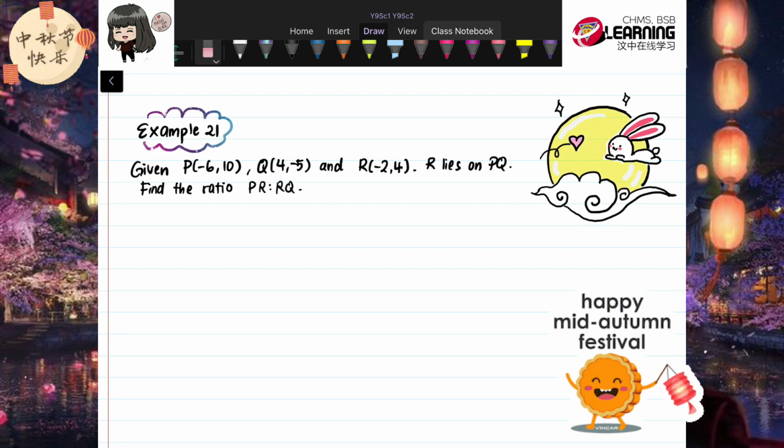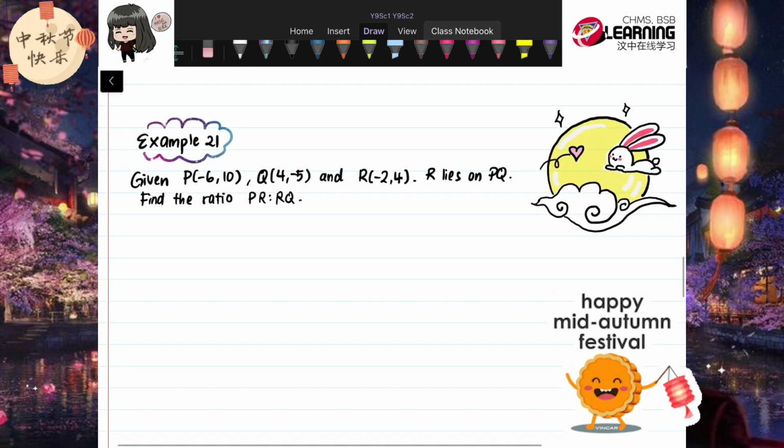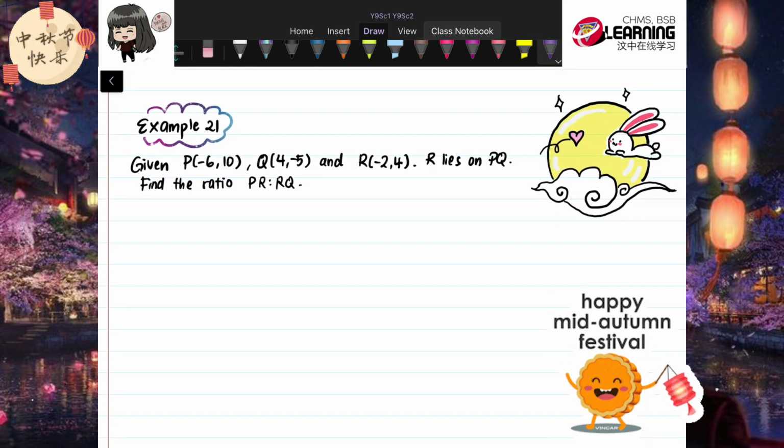So given PQ and R lies on PQ. Okay, the same thing. We're gonna draw a line here, a draft only. So let's say P is here, (negative 6, 10). And your Q is here, (4, negative 5).